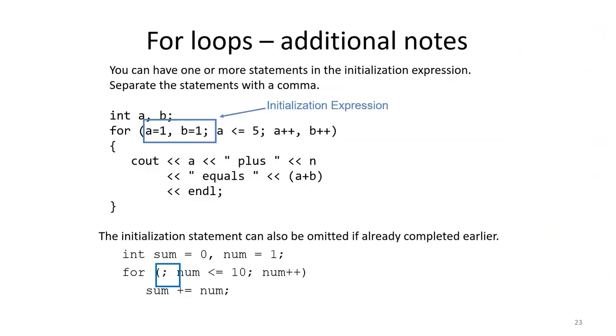Couple other notes about for loops. You're allowed to have multiple statements inside the initialization. Just separate them with a comma. And notice the initialization expression does end with a semicolon. You can also leave the initialization statement completely blank if you had initialized the variables you need earlier.